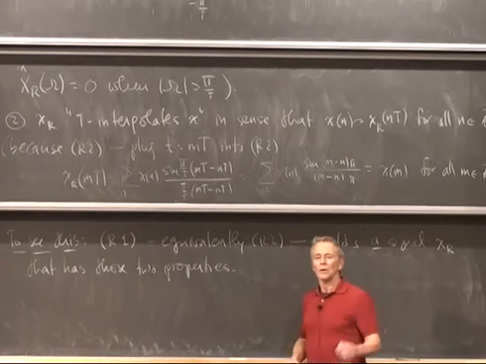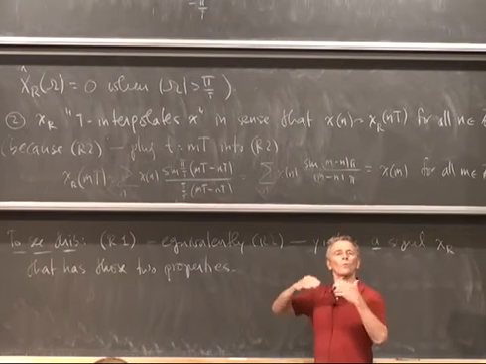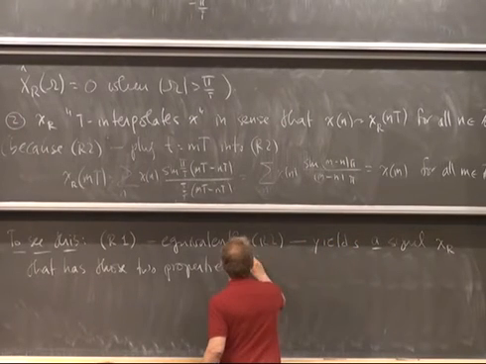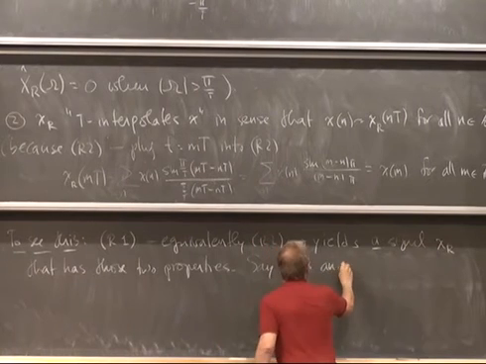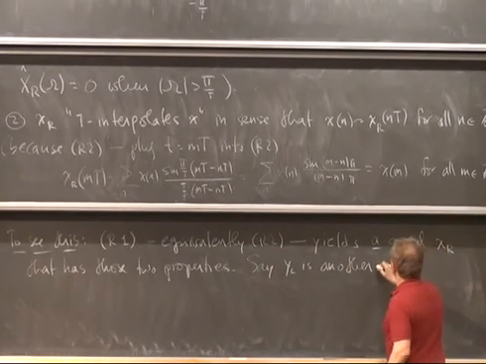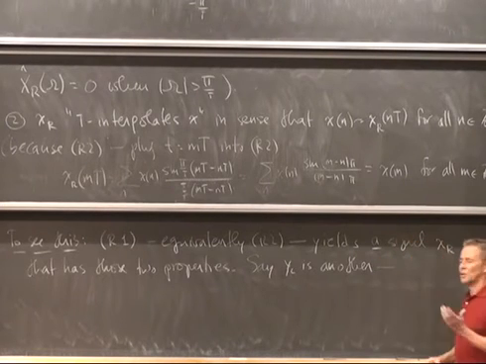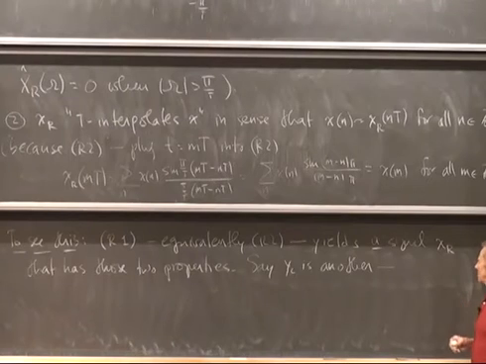Question: what if there were another signal that had those properties? Let's call it yc. So say yc is another signal that has those properties. What we want to show is that yc is the same as x sub r. How do we do that?